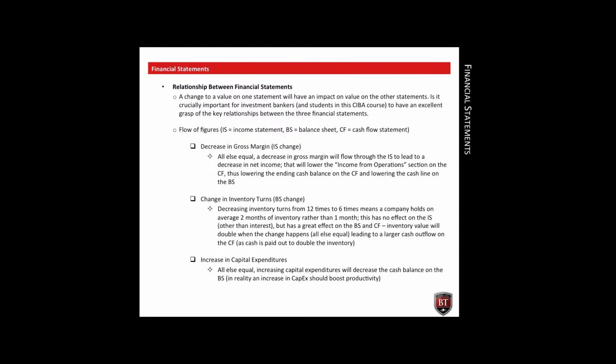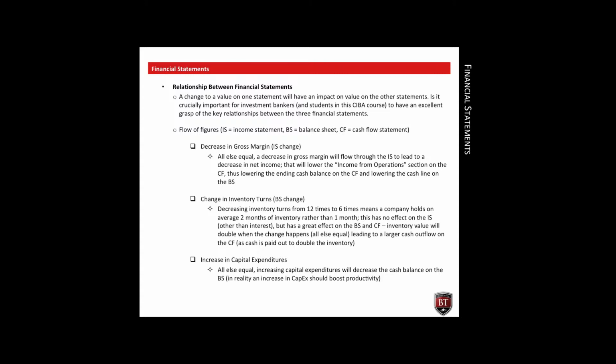Similarly, a change in inventory turns is a balance sheet change. For real clarity, if we decrease turns from 12 times to 6 times, that basically means a company is going from holding 1 month of inventory to holding 2 months of inventory. So it's actually quite a meaningful change.